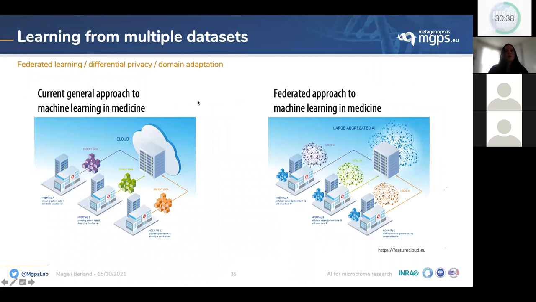Another challenge for making artificial intelligence for microbiome data is learning from multiple data sets.